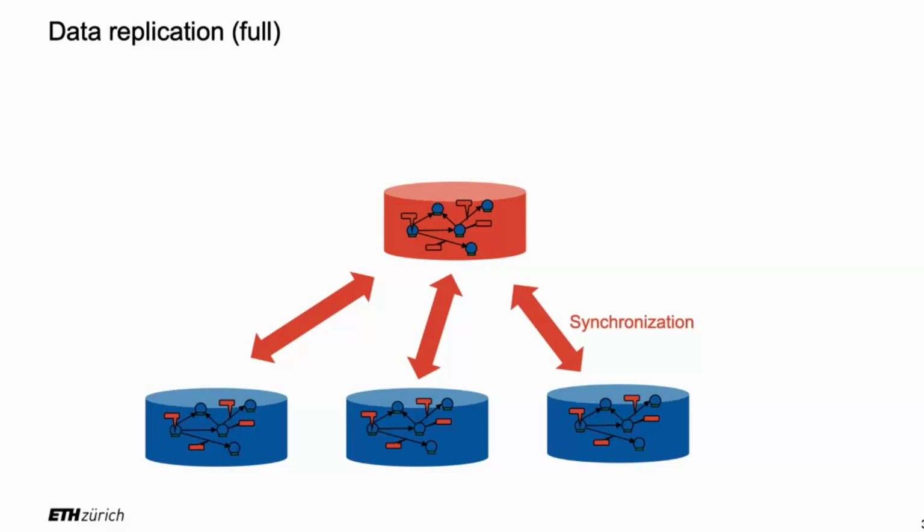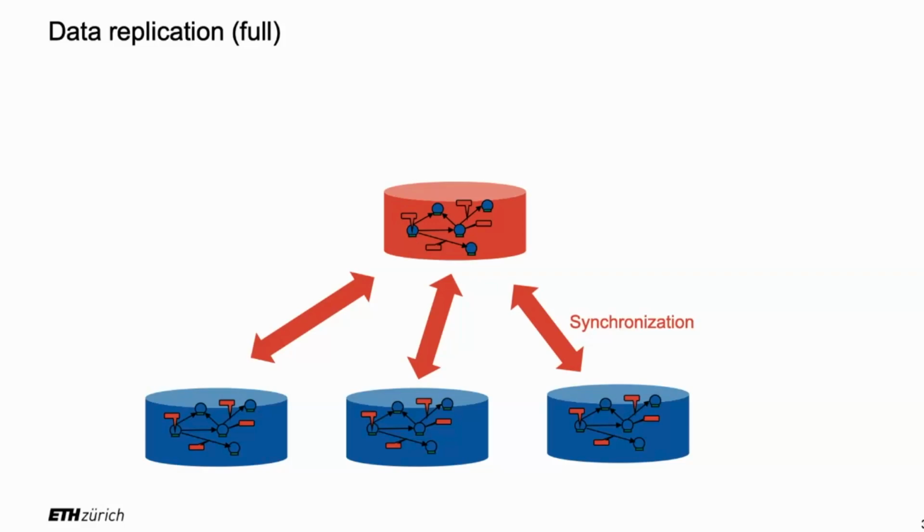So first, no surprise, we replicate a little bit. It's a little bit like in MongoDB that we have multiple servers that replicate the functionality of the graph. In the early versions of Neo4j there was no sharding. They just had multiple machines and all the machines worked on all the data. What you can achieve with that is that when multiple people read the same data, they can just be spread all over the machines. So you can do some load balancing, just like for a website.